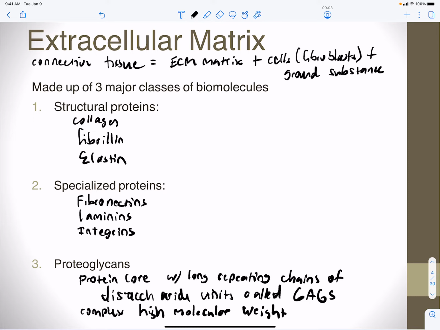And your ground substance is going to be the components of your extracellular matrix, glycosaminoglycans, proteoglycans, glycoproteins, laminin, and fibronectin, however, not collagen.